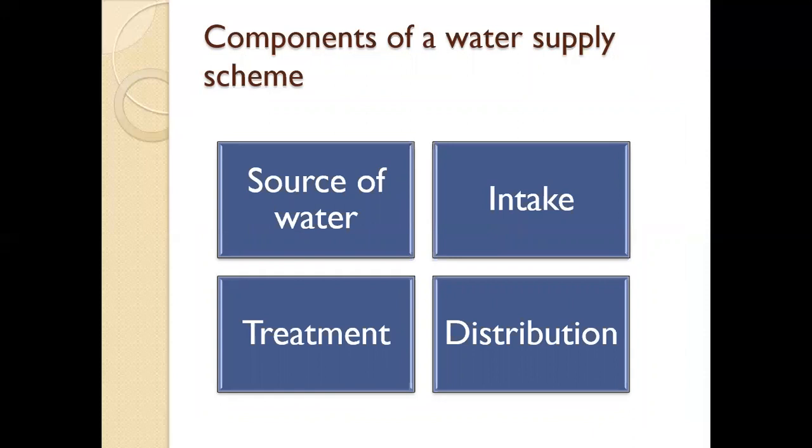As I said, the water supply scheme means the management of water, from beginning to end. From beginning, of course, not from our tap only. It means from the sources of water, that start from the natural sources, which may be surface source or subsurface source.